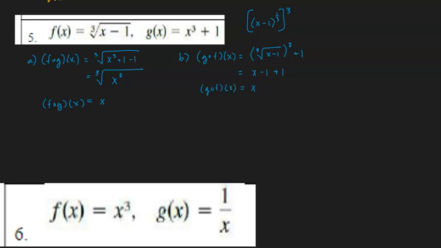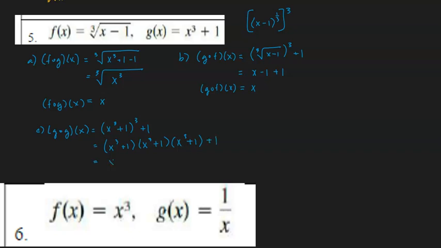Now C is going to be g of g of x. That is going to be, open that up, (x cubed plus 1) cubed plus 1. Oh, we're going to have to do some math. So (x cubed plus 1) times (x cubed plus 1), times (x cubed plus 1), plus 1.